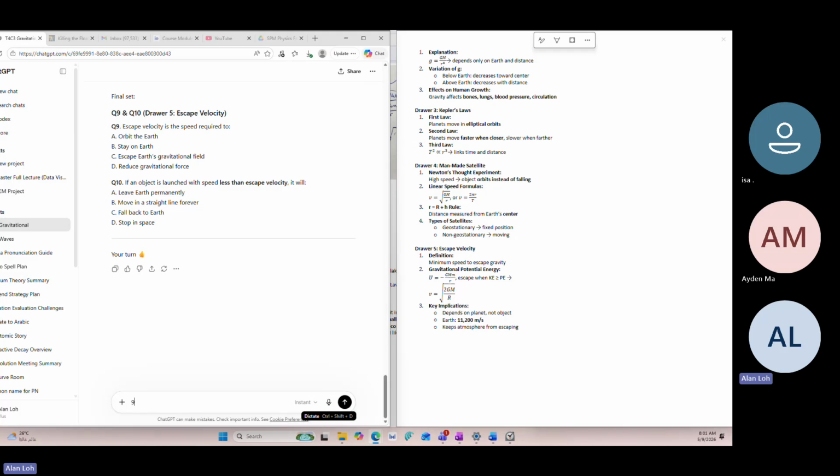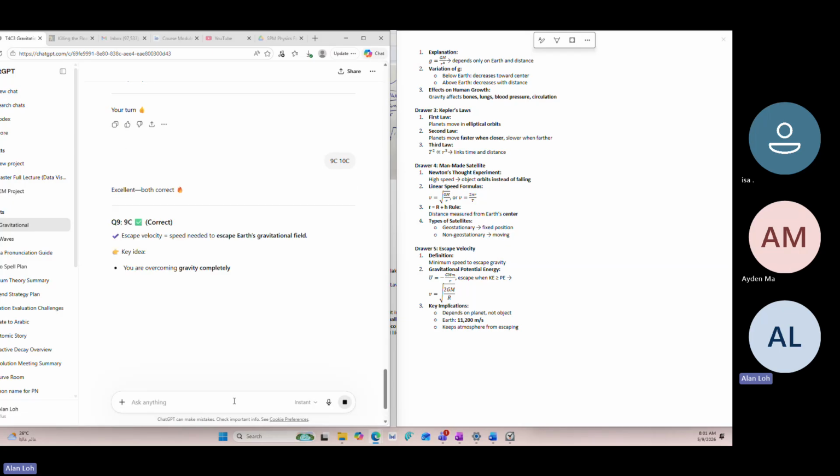Anyone? 9 is C from Sinling. 9 is C from Aiden. 10 is C from Sinling. What about Aiden? Also C? Excellent. I think it's correct.